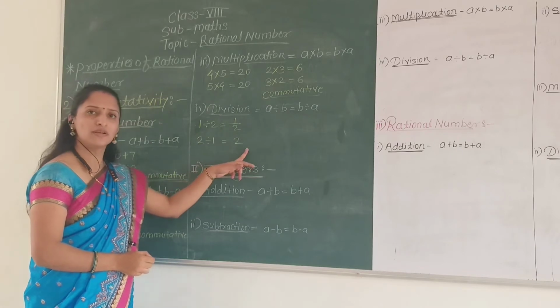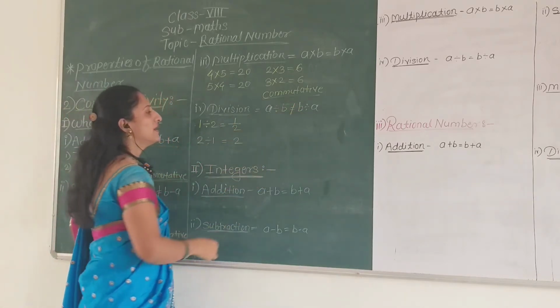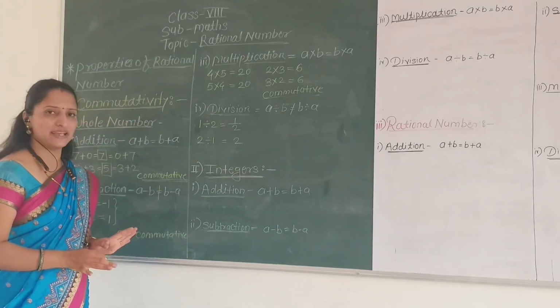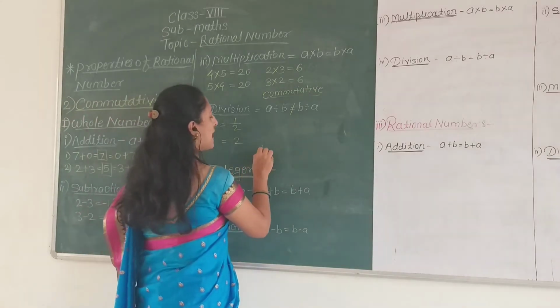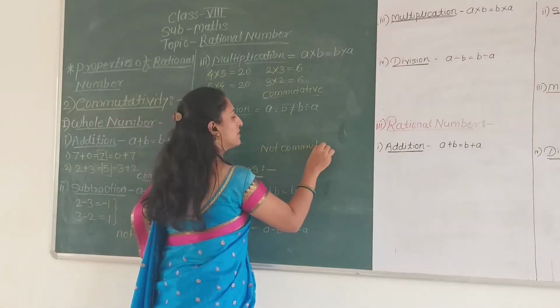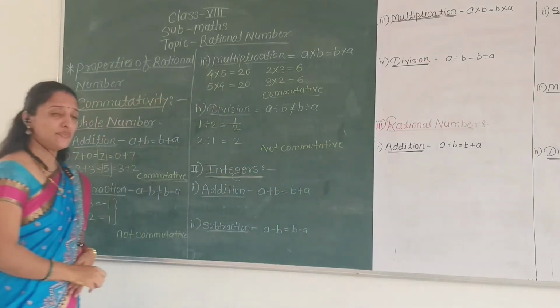Is the answer the same? No, the answers do not match. Therefore a divided by b is not equal to b divided by a. So whole numbers are not commutative with respect to division.